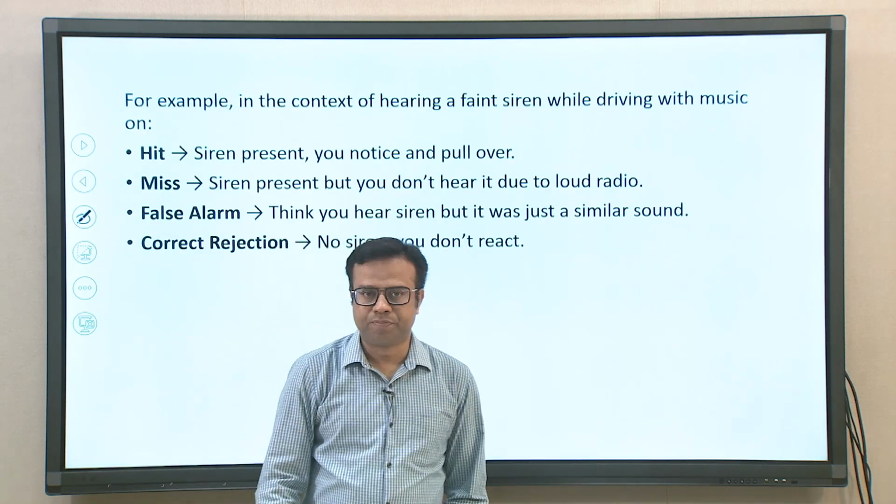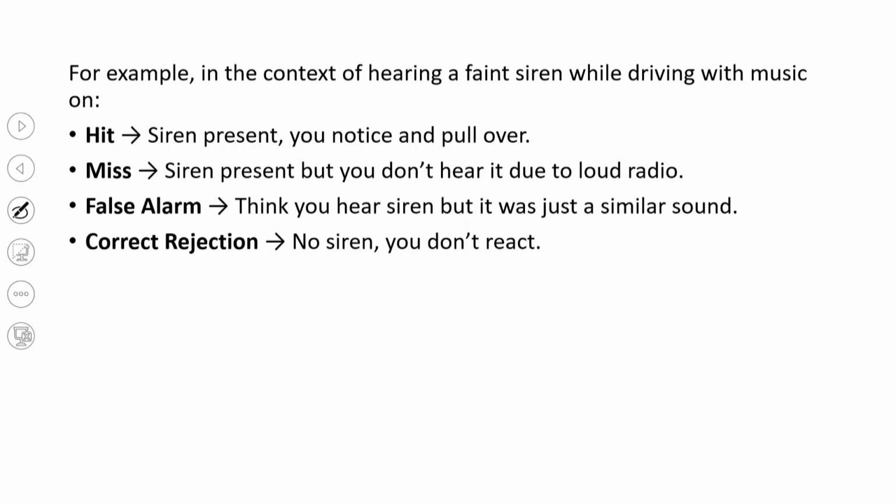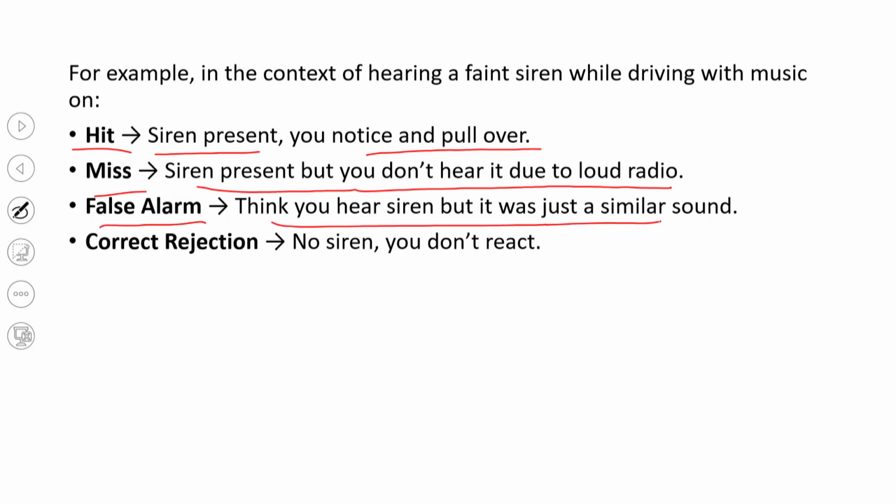Just to give an example, let us say there is a faint sound of a siren while you are driving with music on. A hit is when the siren is there, you notice it, and you do whatever action needs to be done. A miss is when the siren is present, but you are not able to hear it due to other background noise like music. A false alarm is when you think you heard a siren, but it was not there; some other similar sound was there.